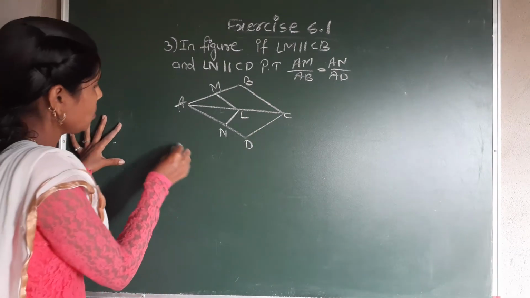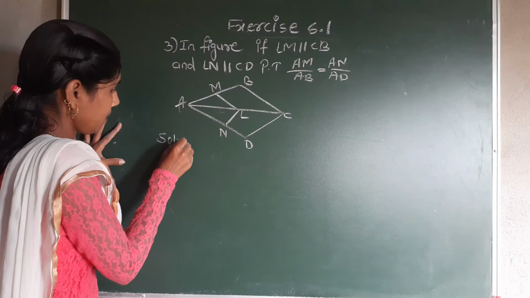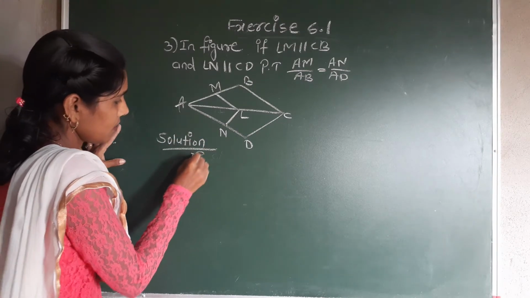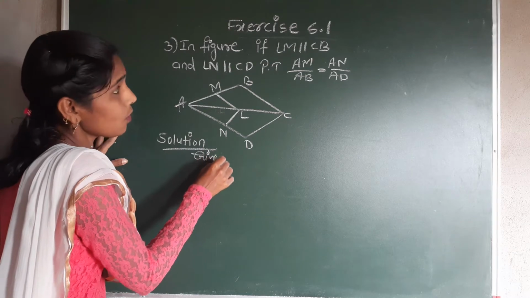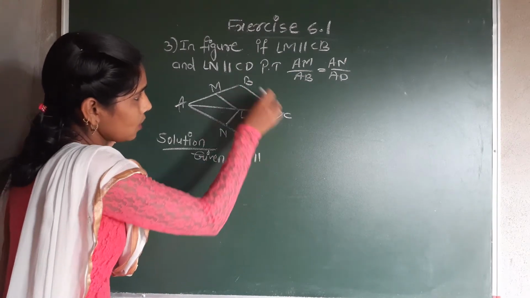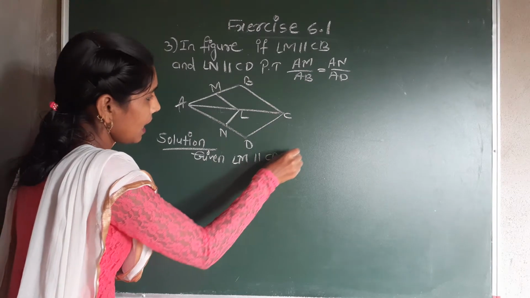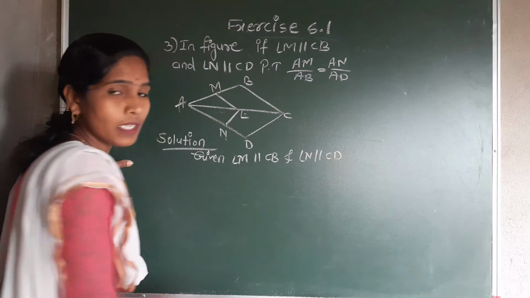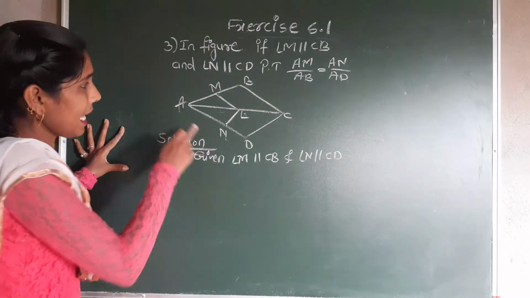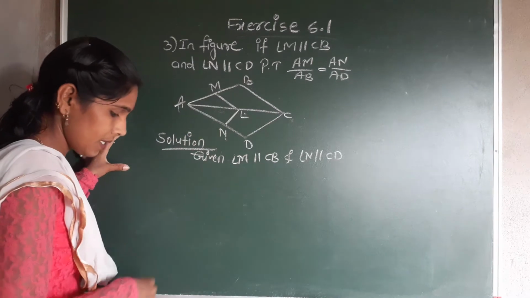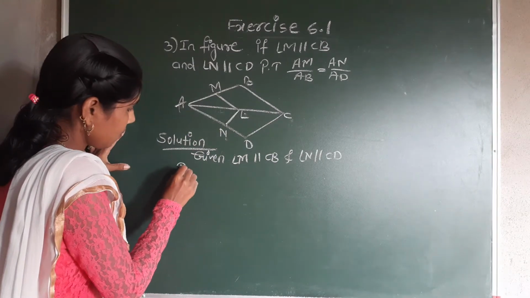Given that solution, already given what, LM is parallel to this CB and LN is parallel to this CD. In triangle ABC, first one triangle ABC, proof.